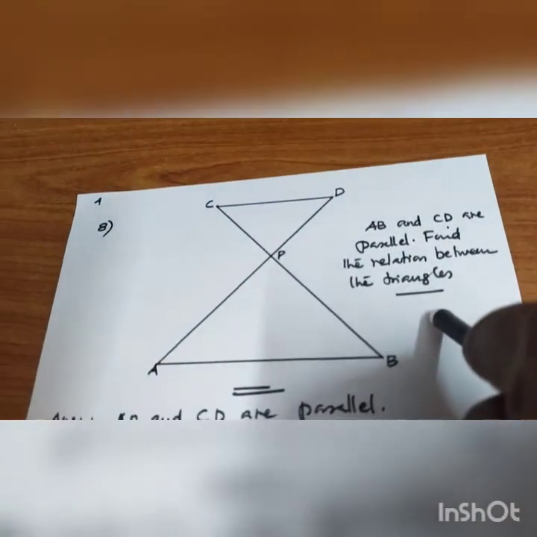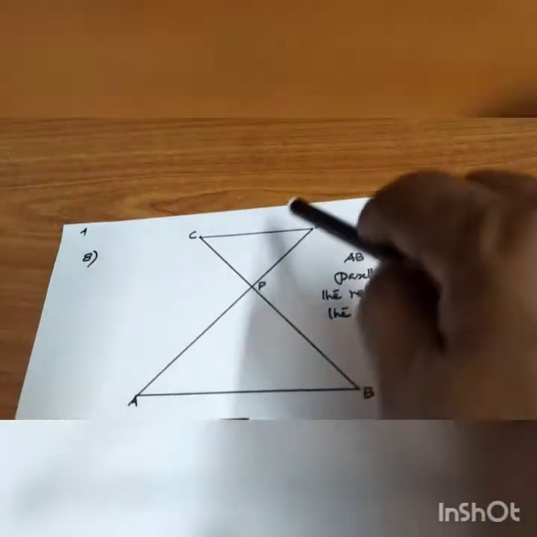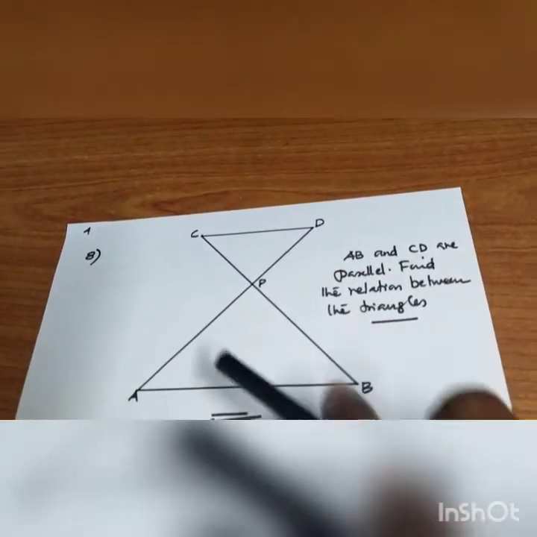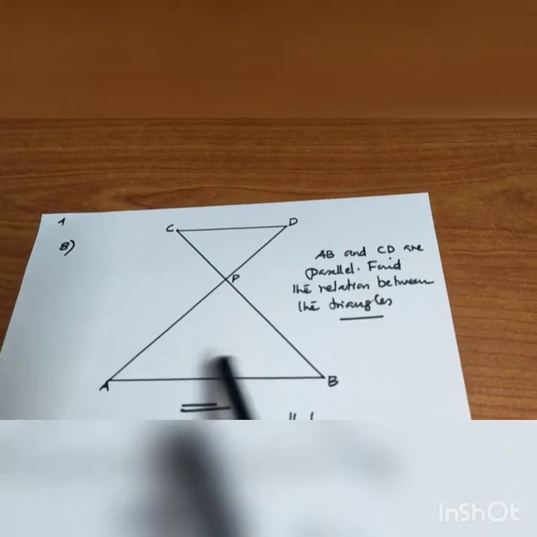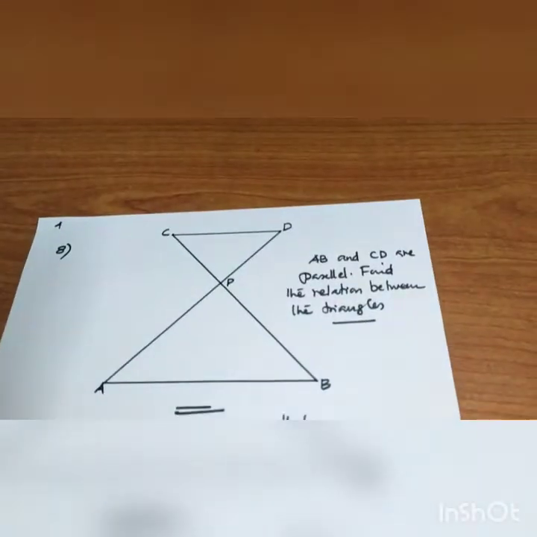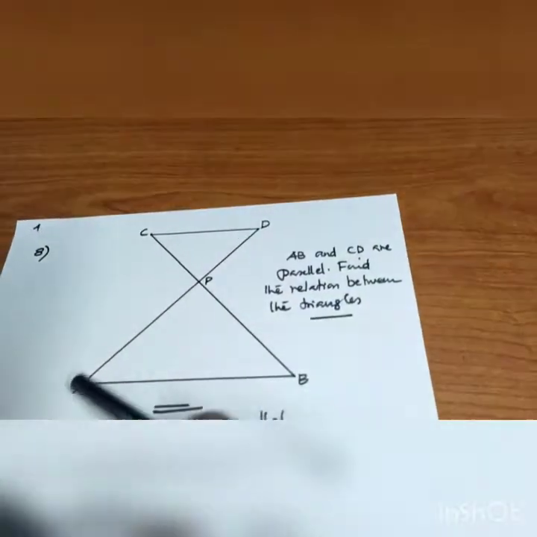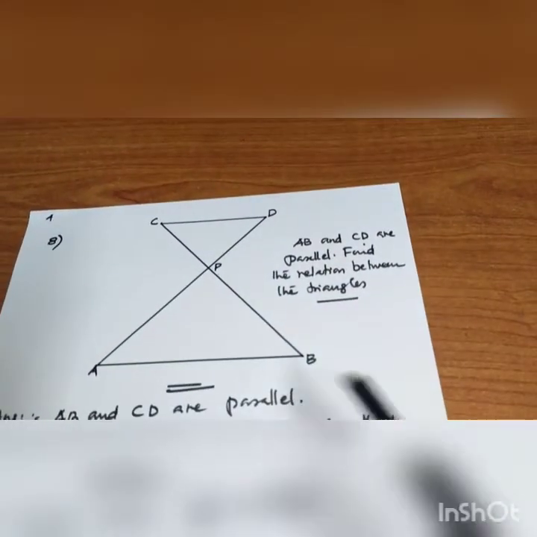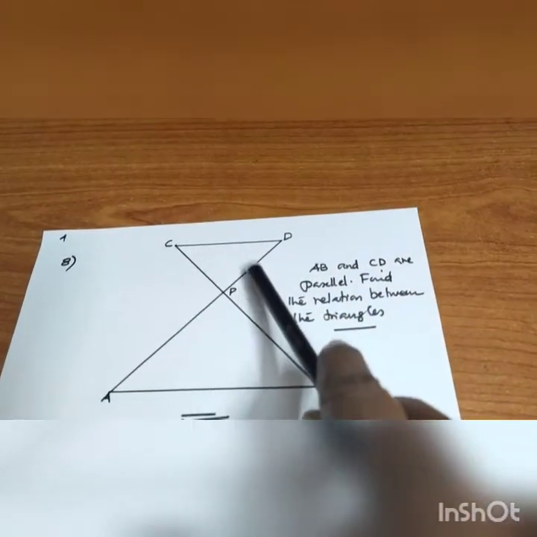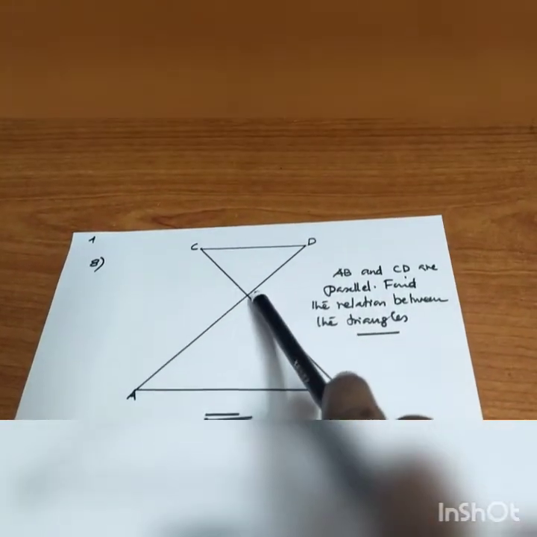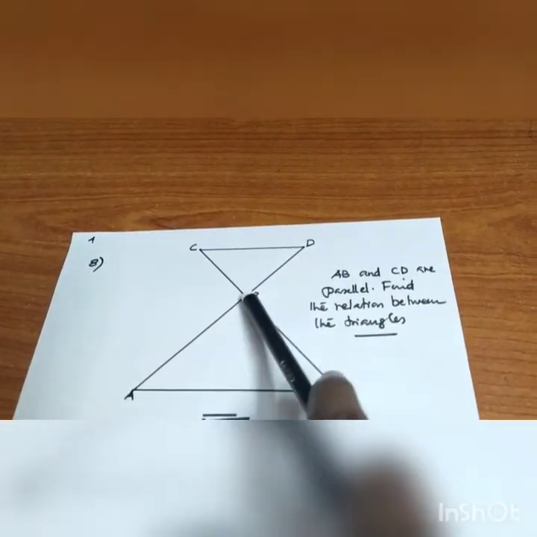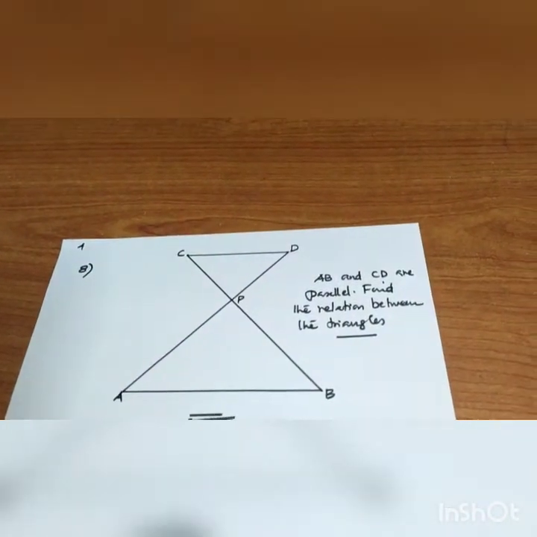There is another question, the 8th question here. AB and CD are parallel. Find the relation between the triangles. Here, AB and CD are parallel, and first, AD is the transversal. Then angle BAP and angle CDP are alternate interior angles.